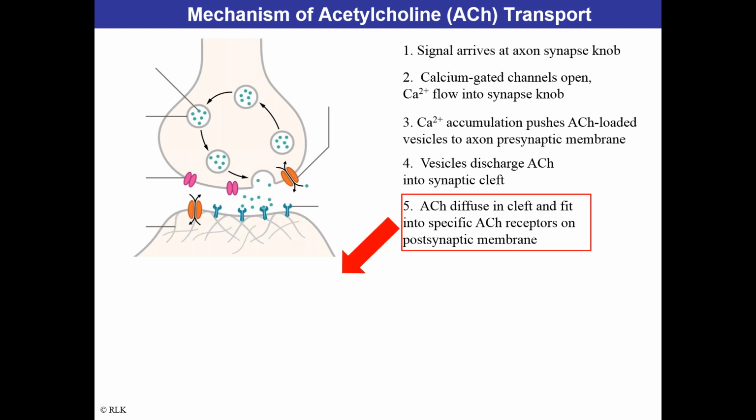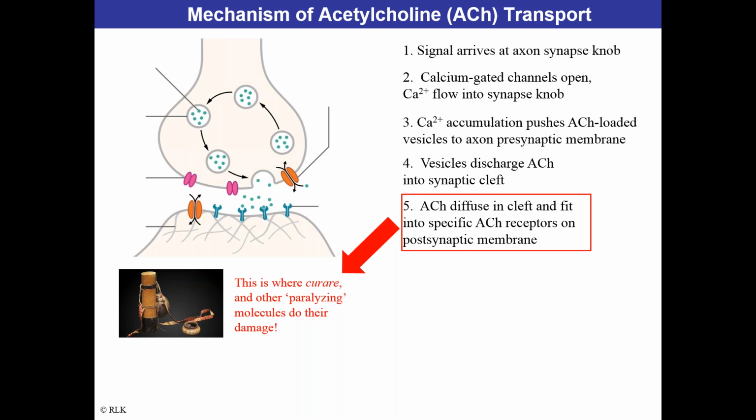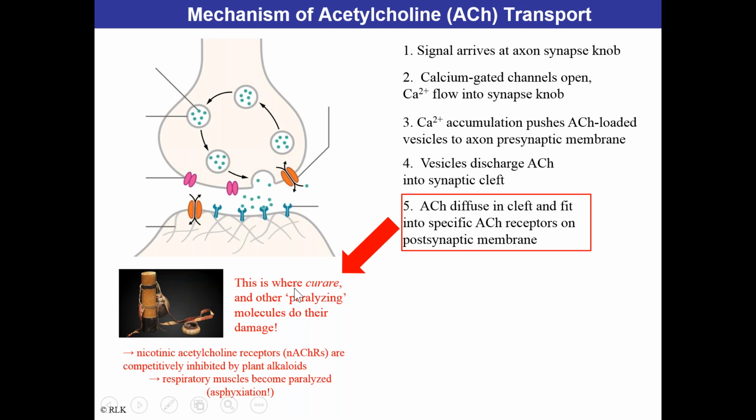Now, at this point, this is where the boxing comes in. This is where interruption of that signal can be detrimental to your body function. For instance, with the paralyzing poisons that were found in South America and that are still used, the curare, as they're often known, all those plant alkaloids that provide that kind of paralyzing effect compete with the acetylcholine in those receptor spots, and so they basically flood it out.